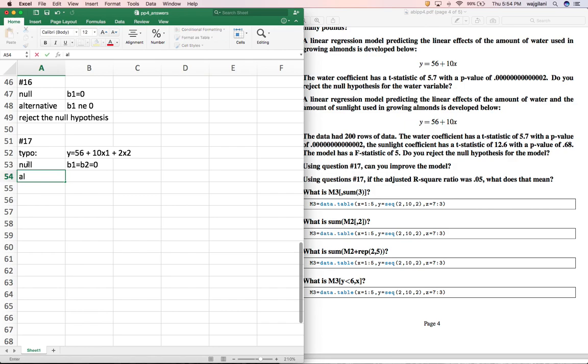Therefore, the alternative is that at least one coefficient is not equal to 0. I'm sorry I'm not writing this in mathematics, but this is what it's basically saying. Not all, just at least one. If we had a multilinear regression model with 20 independent variables, right?